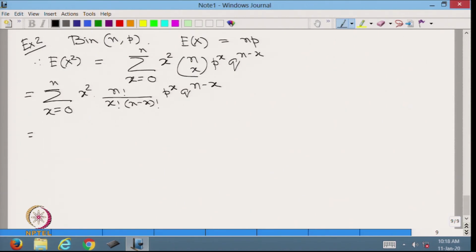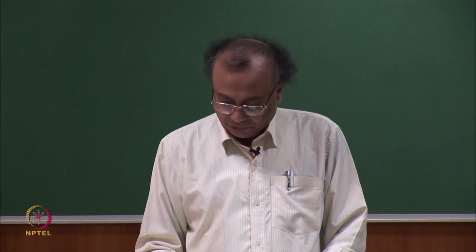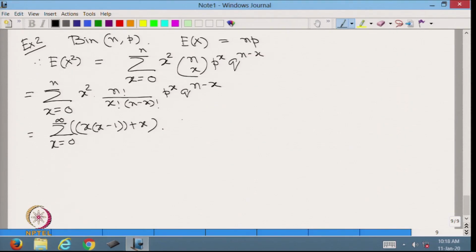Now, we write it as sigma x equals 0 to n of x into (x minus 1) plus x. So, I am breaking x square into 2 parts: x into (x minus 1) plus x, times n factorial over x factorial into (n minus x) factorial, p to the power x q to the power n minus x.